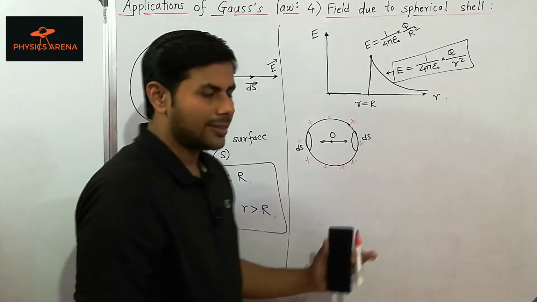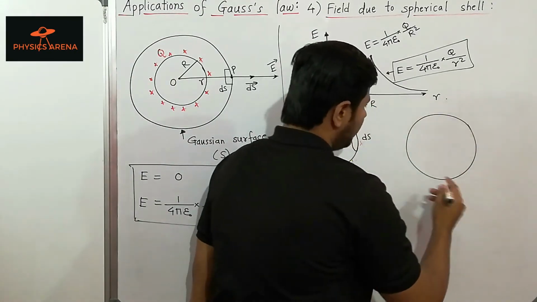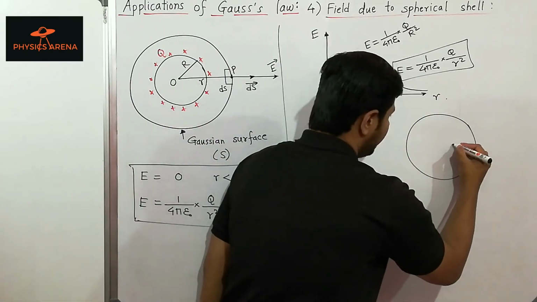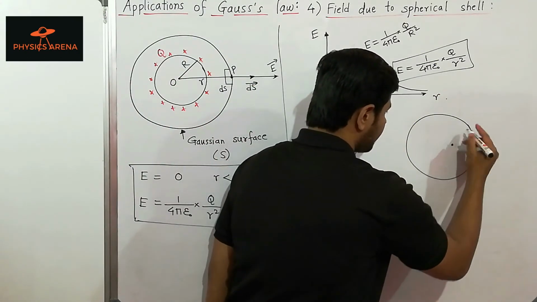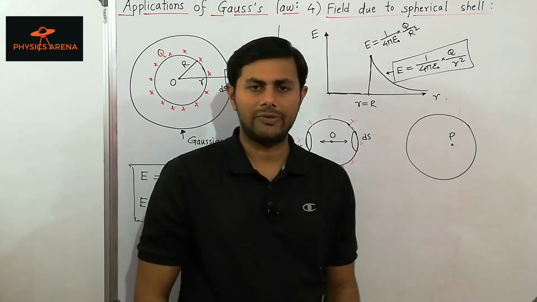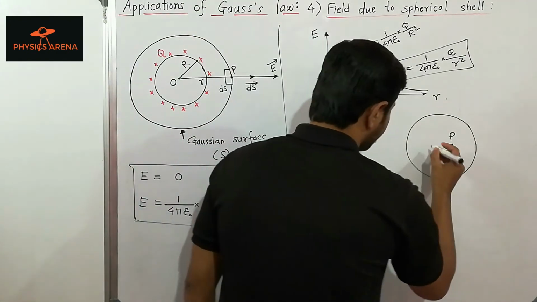So the electric field at the center is 0, but it's not clear why the electric field should be 0 at any other point. Let's say for this point P. So why should the electric field at point P be 0? Let's try to think.